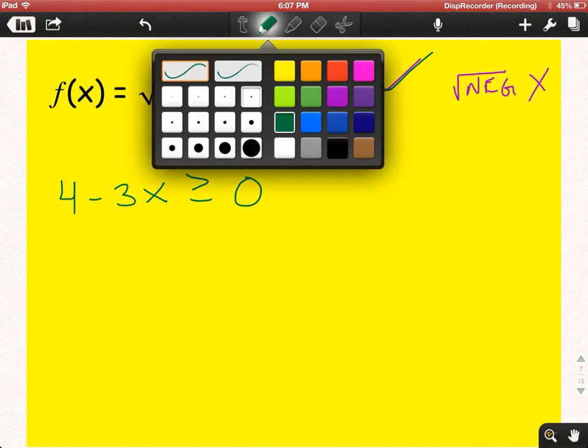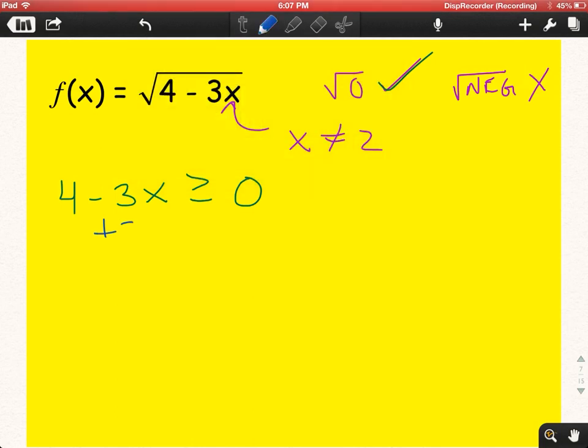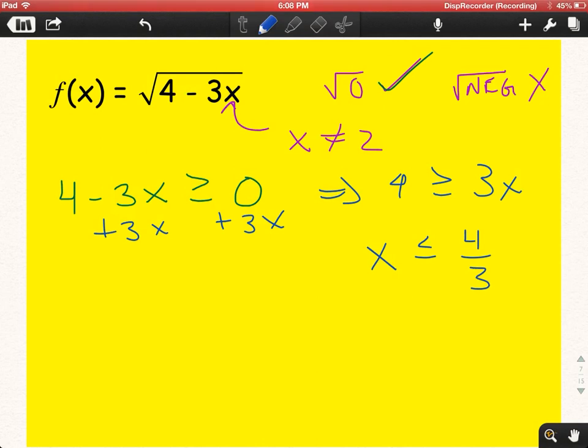And so if we solve this, x is less than or equal to 4 over 3. So that says all the numbers from 4/3 on down will work. And if you examine this closely, that means a bunch of negative numbers are working. So let's test one. Let's say x were negative 2.